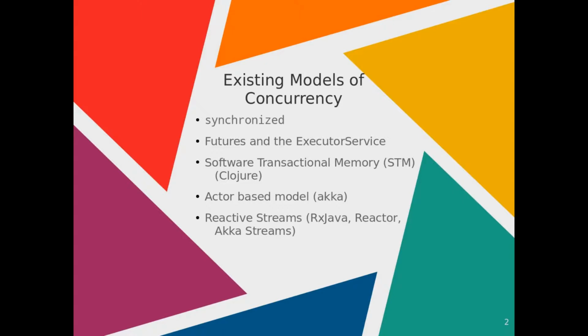These are all different approaches to tackling the same problem, which is running things concurrently, running multiple threads and taking advantage of a machine with multiple processors, and at the same time taking care of things like networking and user interactions.